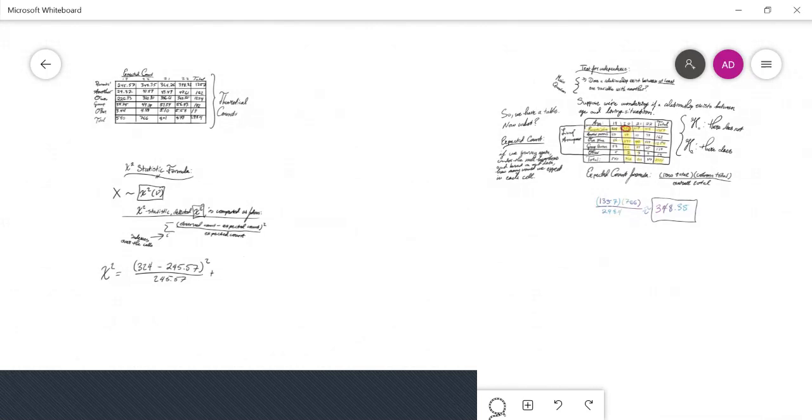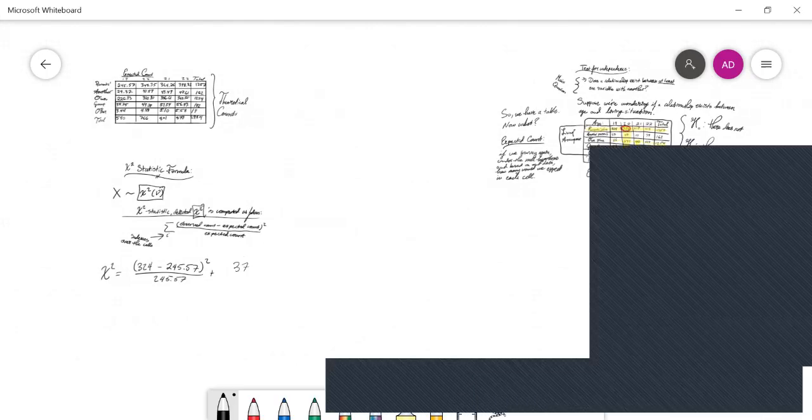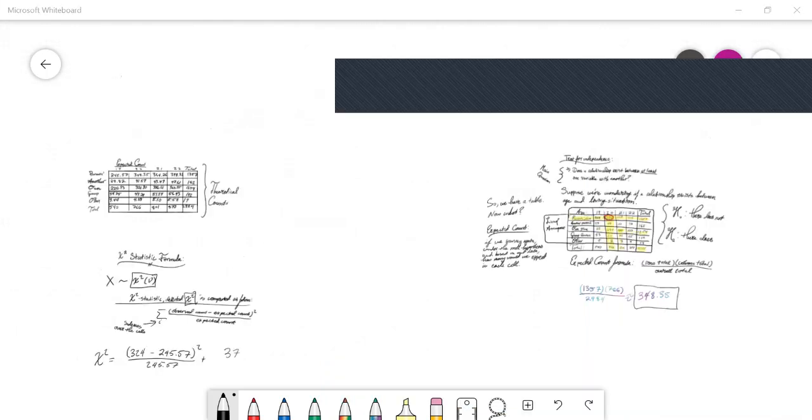So 378 minus 348.35, squared, over 348.35, plus 337 minus 364.26, squared, over 364.26.